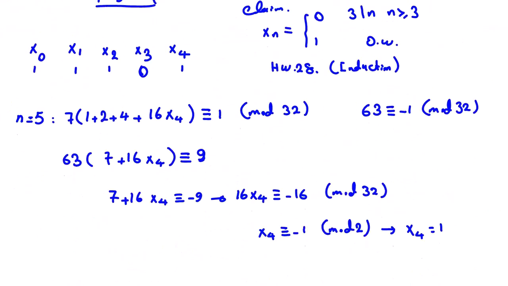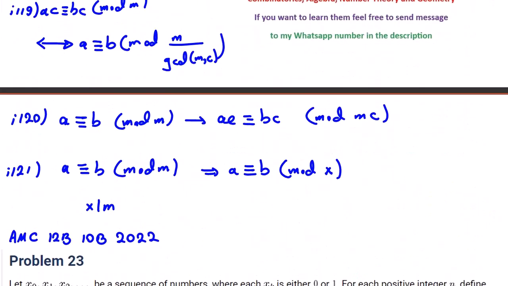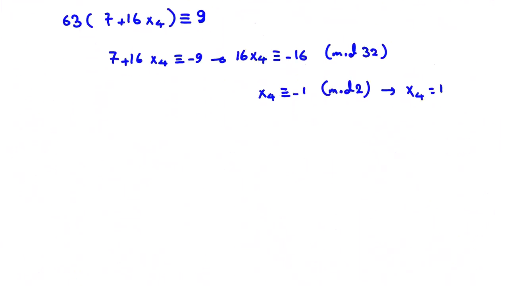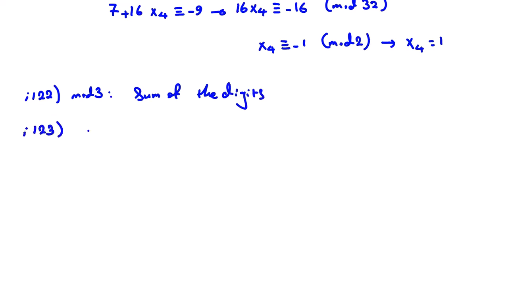Okay, let me tell you some rules about divisibilities. Idea 121. Idea 122. For mod 3, if you want to find the remainder of a number mod 3, sum of the digits. I will tell you the reason. Idea 123.